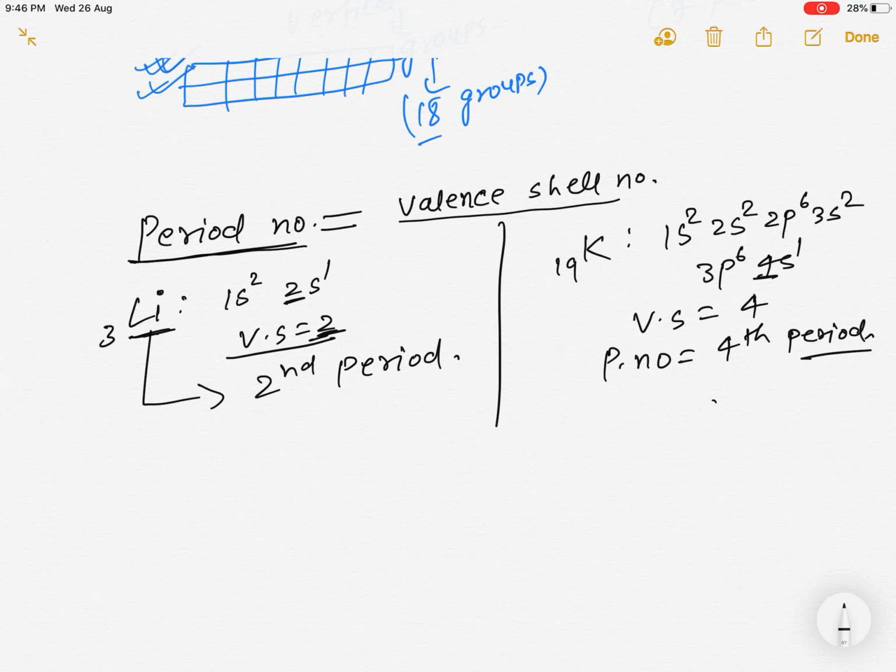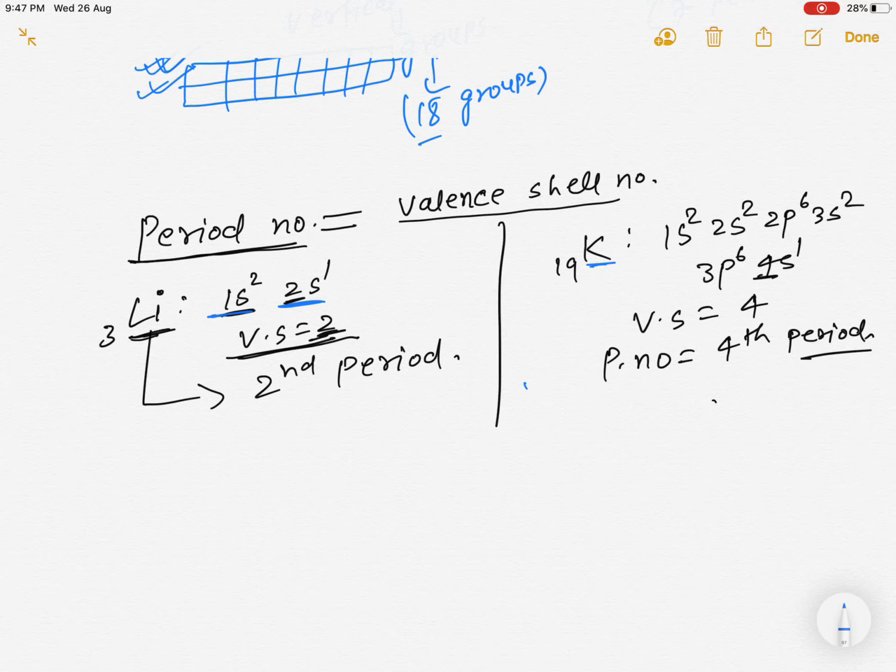That means if the second shell is the outermost shell, there has to be the first shell also. The atom will never start from the second shell, right? So does this give us the idea that lithium has two shells in total? The first shell and the second shell.